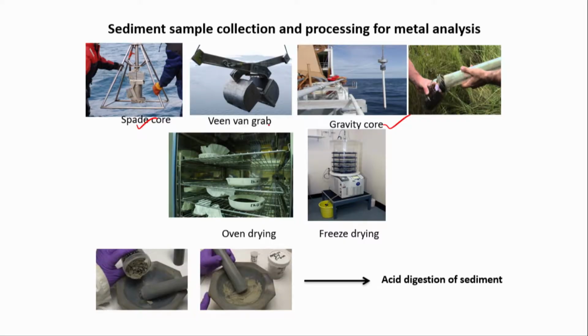But the Van Veen grab we use particularly in shallow areas like estuaries or mangrove areas, where the surface layer of the sediments gets disturbed.